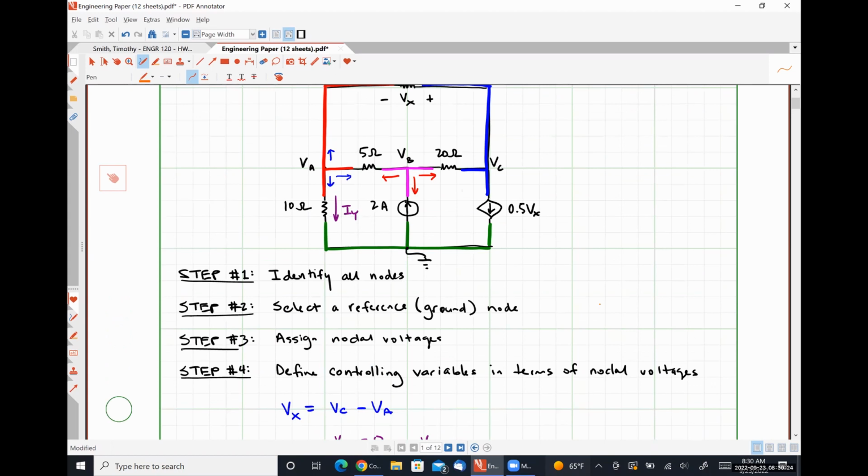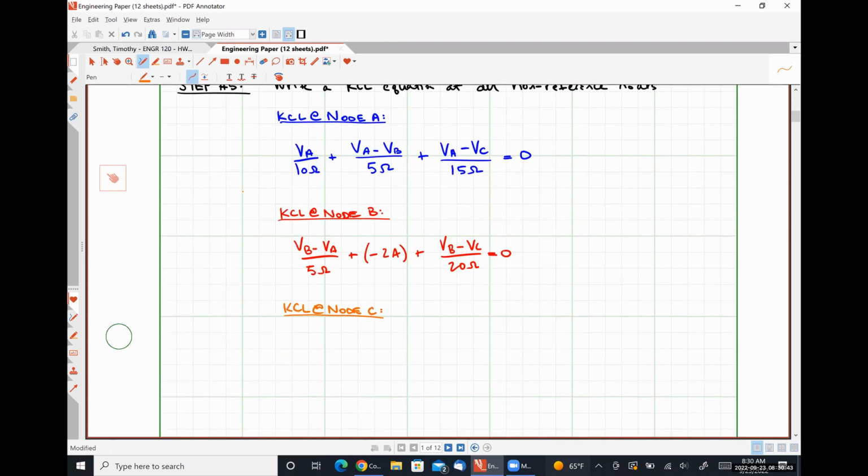So that's going to be this current directed to the left, this current directed down, and this current directed up. Sully, what is the current directed to the left? Exactly correct. VC minus VB over 20 ohms.